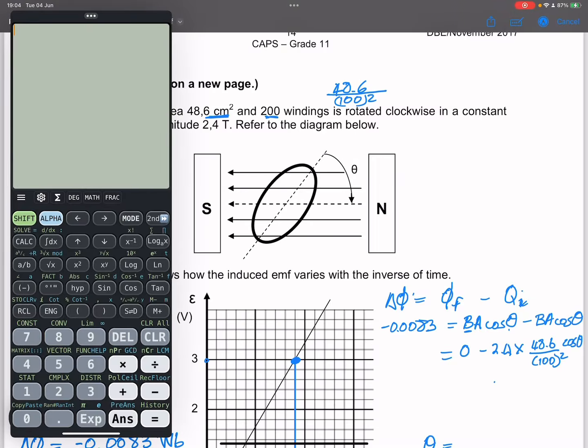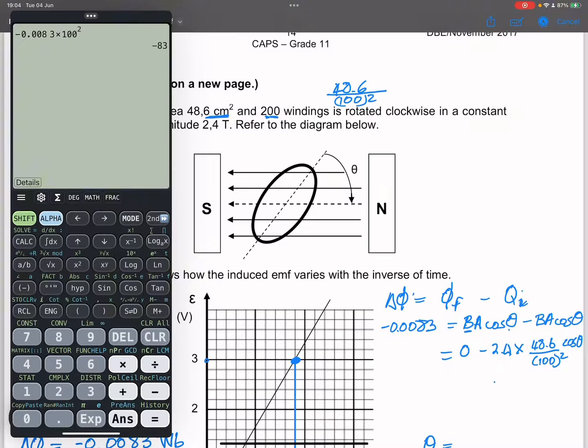So we're going to have negative 0.083, right, this is going to be multiplied by 100 squared there, which gives us 83.